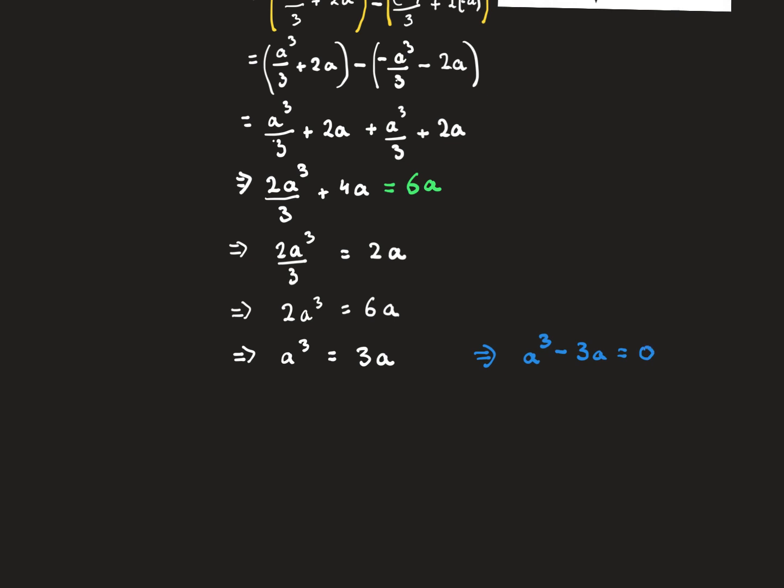And now I can factorize this, so I'll say a times a squared minus 3 is equal to 0. And I have 3 values of a. A can be either 0, or a can be either plus or minus root 3.